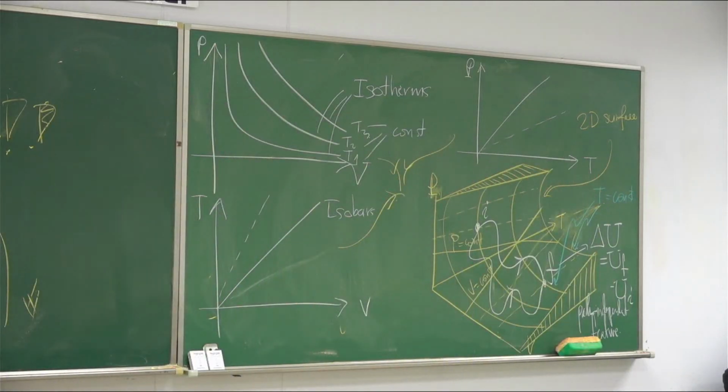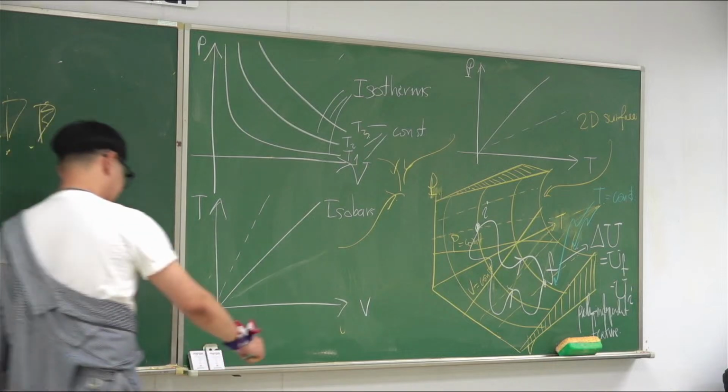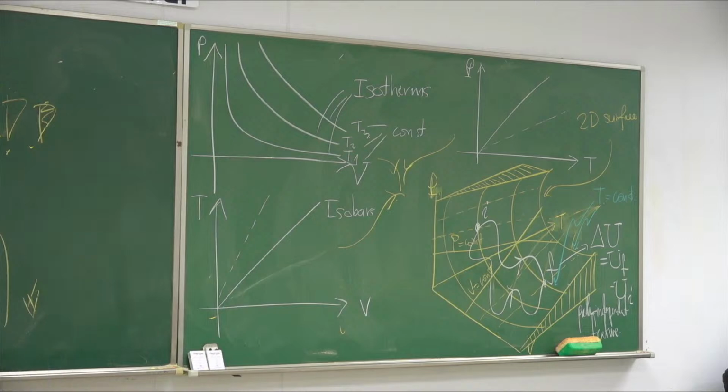Not really real gas, but we're going to do some kind of approximation anyway, because otherwise your calculation is going to be really, really difficult. But anyway, let's see what we could do with this kind of situation. Where's my white chalk? Here. Okay. All right.